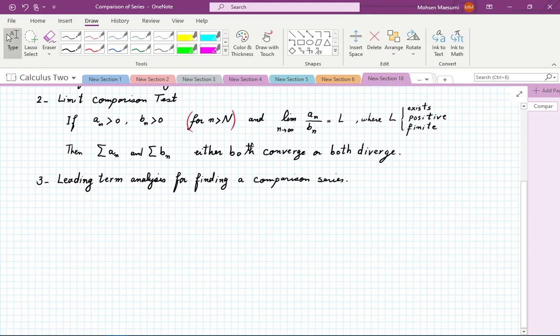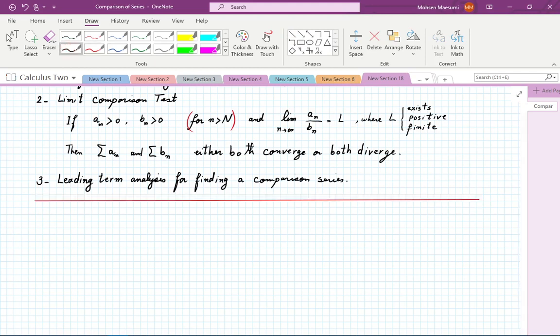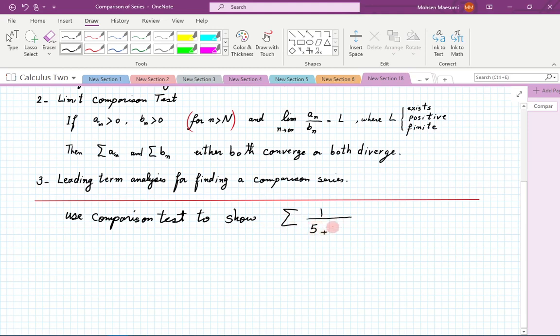Use the comparison test to show that the following series converges.